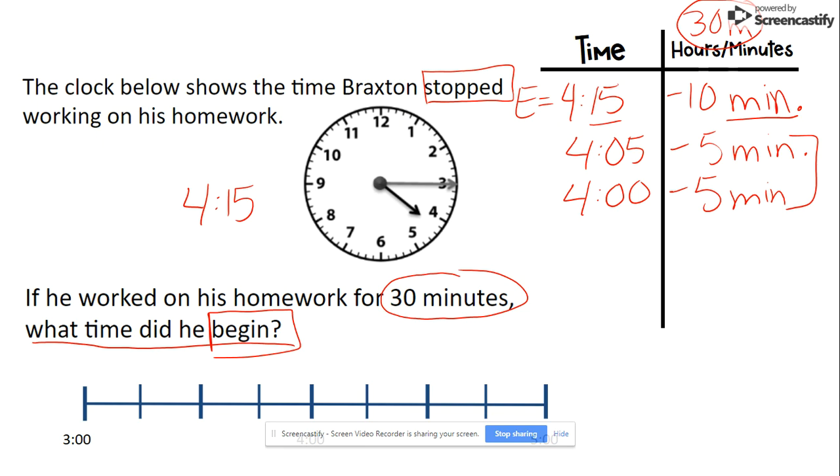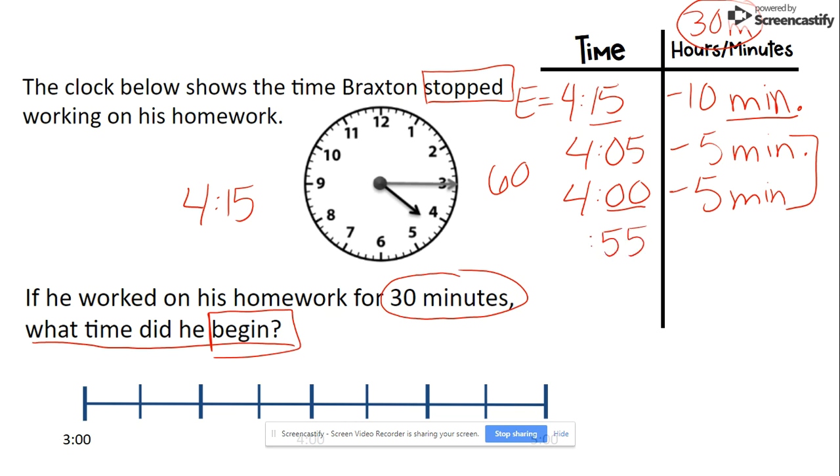And this is a little bit difficult for some kiddos to conceptualize and picture in their minds, but this 00, they can also think about as equaling 60 because there's 60 minutes in an hour. So if you take 60 and subtract 5, what would you get? Well, that would be 55.